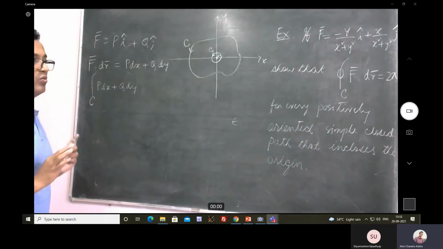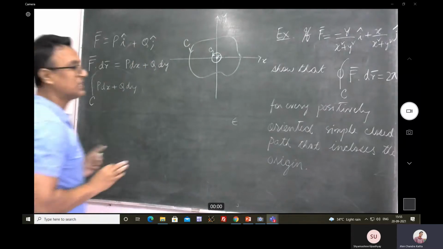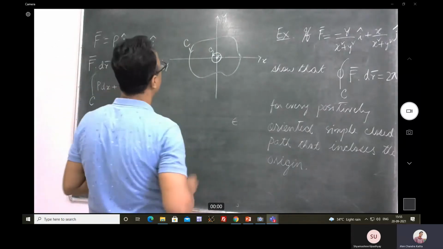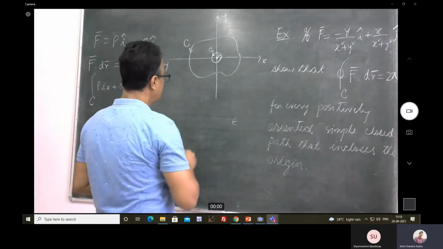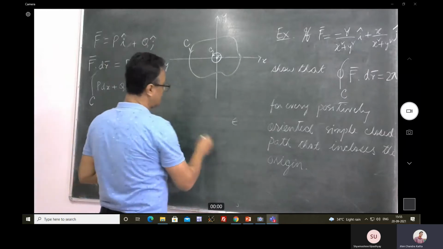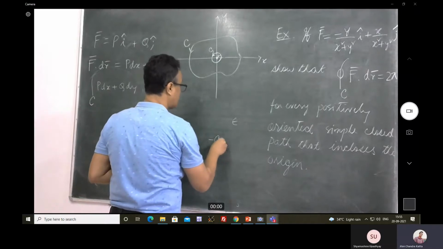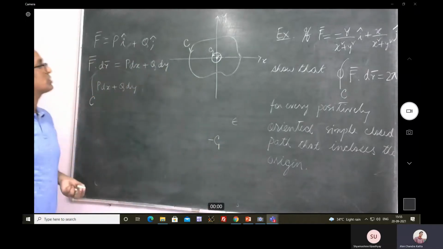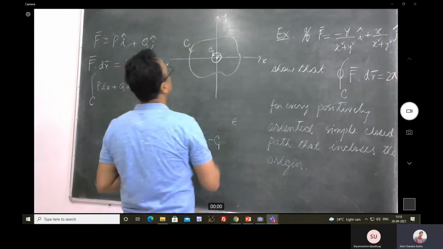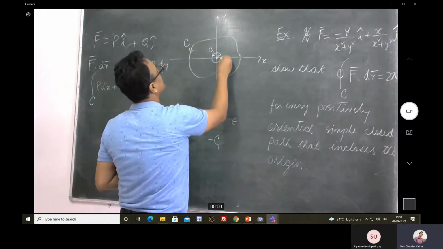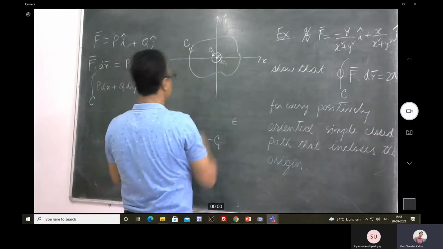Now what am I going to do? If I consider the closed curve C minus C1, then along this direction I am going to have minus C1.